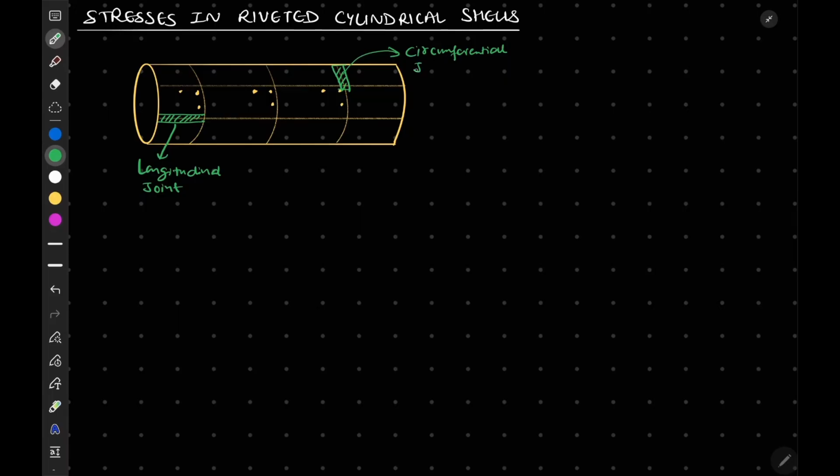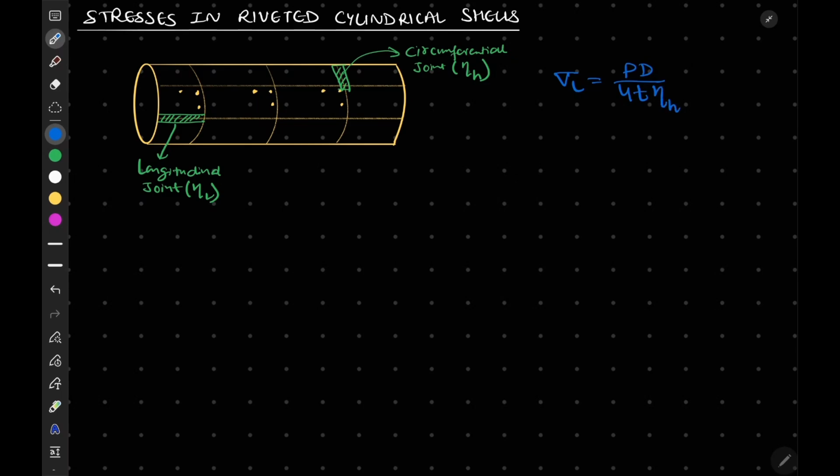Let's say the circumferential joint has efficiency eta h, and the longitudinal joint has efficiency eta l. Now if I want to write the stresses in this case, I will write sigma l, that is the longitudinal stress, is equal to PD by 4T times eta h.